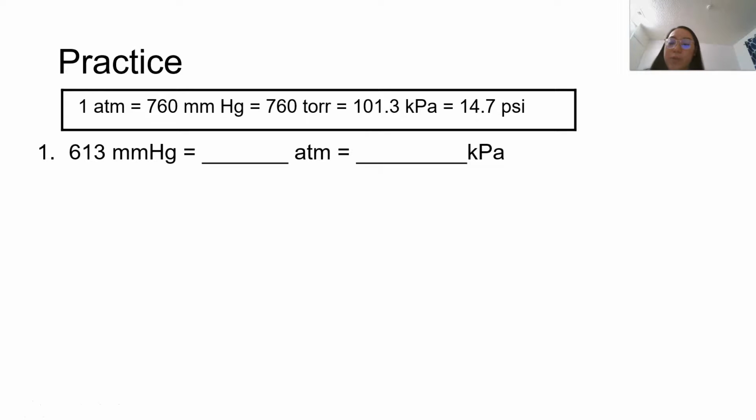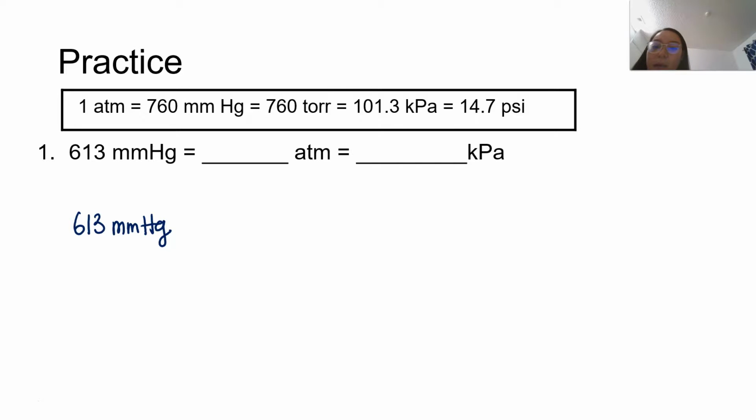The way you do these conversions from one unit to another is very similar to how we do stoichiometry, where we set up a few different fractions in order for things to cancel out and for things to stay. So I'm going to give you an example. Let's start with 613 millimeter mercury. I'm looking at my conversion factor here in the box.